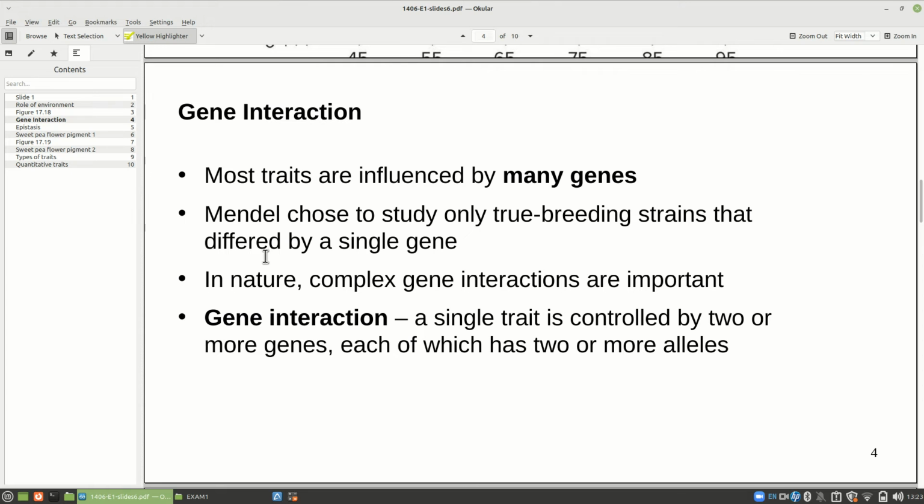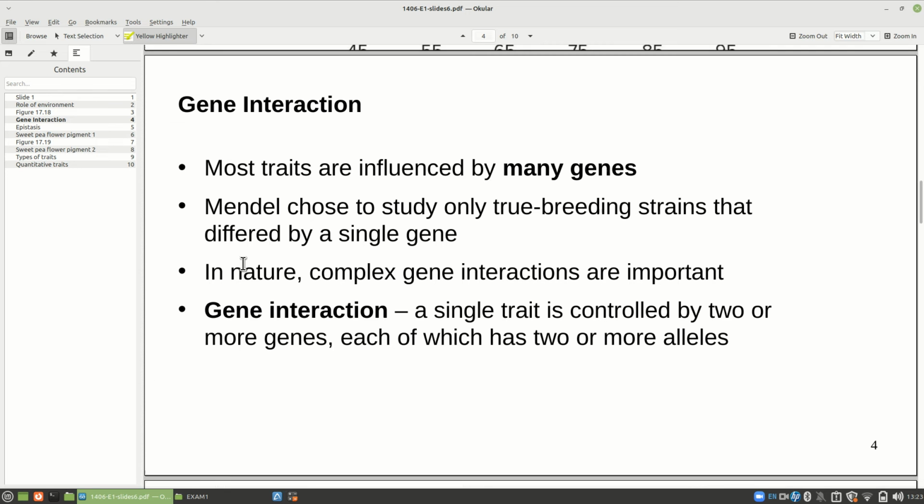He studied something where there was one gene and one effect. And so his were the simplest ones, but most genes are not so simple. Instead, you have many genes that interact to give you your particular phenotype. Your phenotype is not the result of just one gene. It's the interaction of several genes.